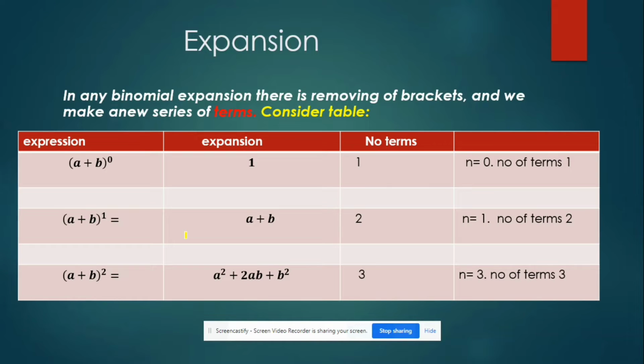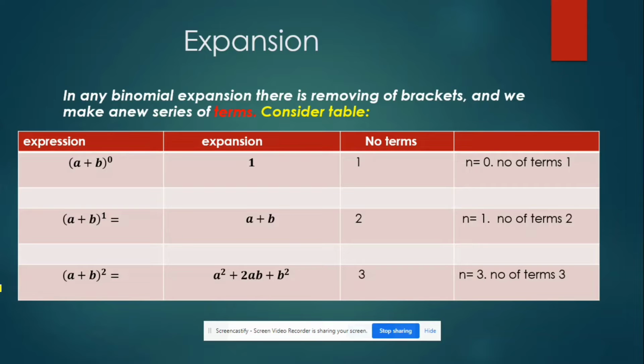You can see a table there. There is an expression, and we call it a binomial expression. That's that column. There's another column for an expansion, the number of terms, and then some remarks on the other side.